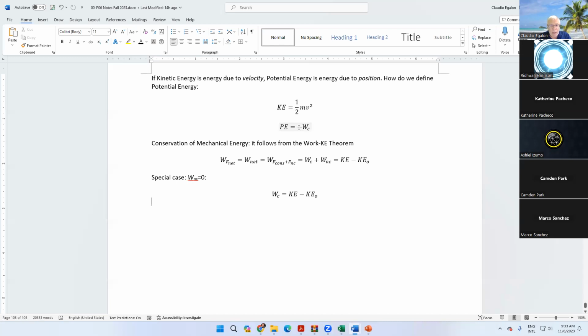The work done by a conservative force can also be written in terms of the final potential energy. Here you go. And don't forget that we have a negative sign here, right? Minus initial potential energy. Like that.